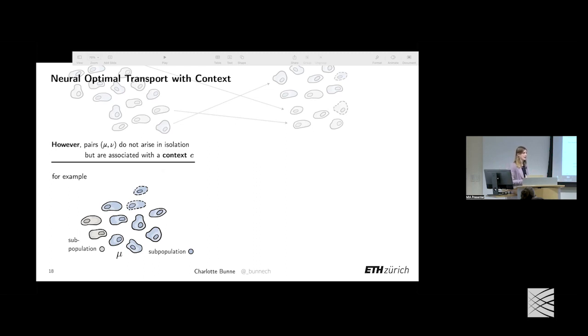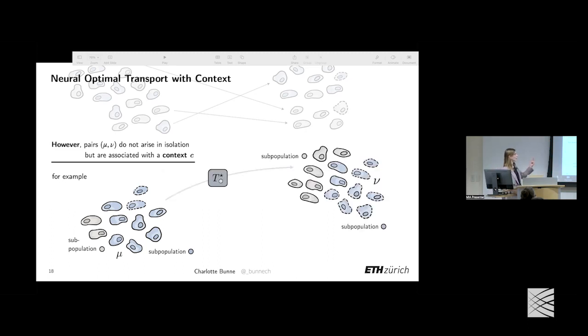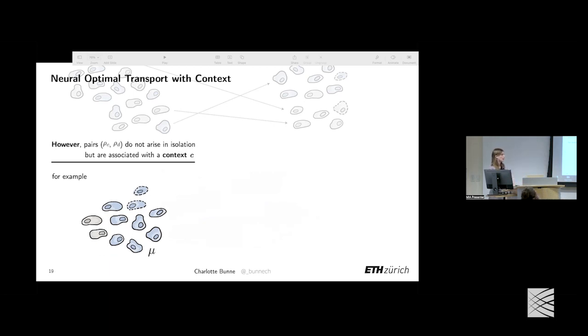These are all things I can measure, which might not be included in my features itself, but which might give me an informed idea, because they respond differently, so I would like to learn different models for each subpopulation. And because sometimes it's very hard to distinguish subpopulations well, ideally I would like to just feed all the meta-information I have into my transport model and understand how the Monge map looks given this particular context.